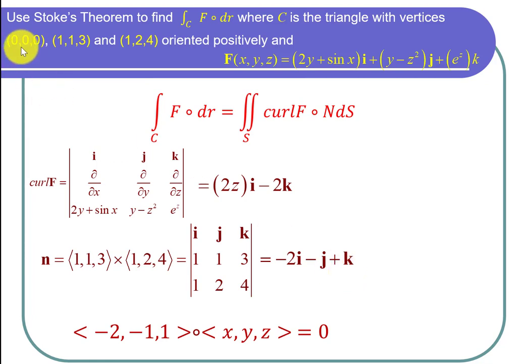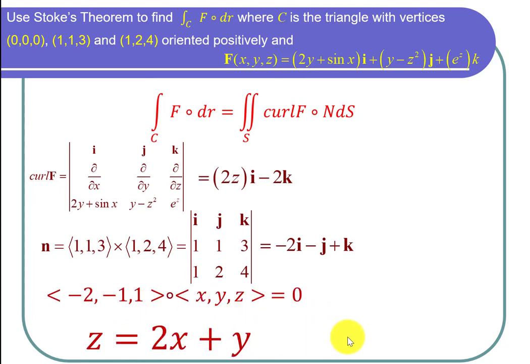Since the origin (0, 0, 0) is on the triangle, the displacement vector from (0, 0, 0) to (x, y, z) is just (x, y, z). So I write the normal vector, (-2, -1, 1), dotted with (x, y, z), set equal to 0. If I dot that, I get negative 2x minus y plus z equals 0. Solving for z, I get z equals 2x plus y.